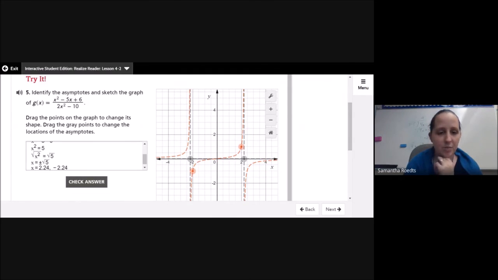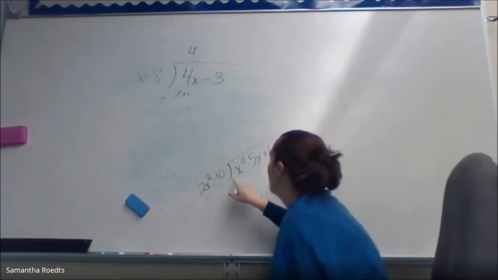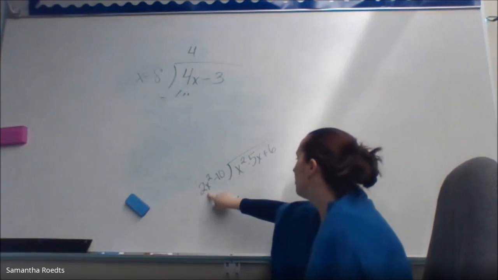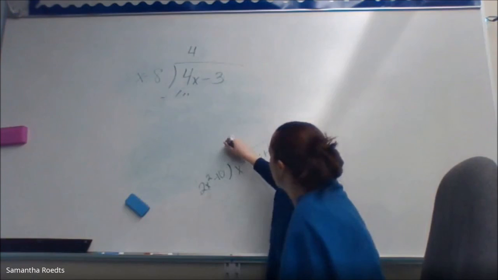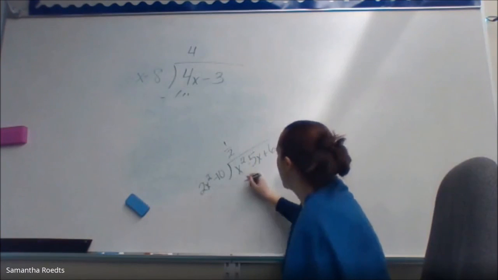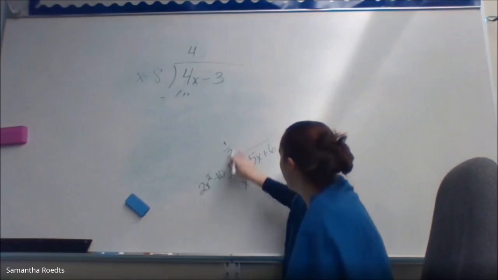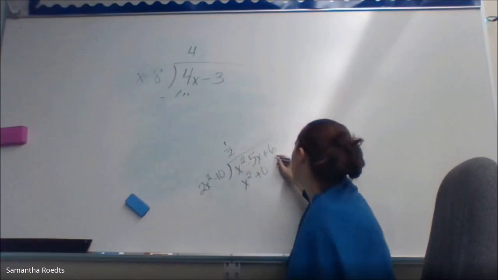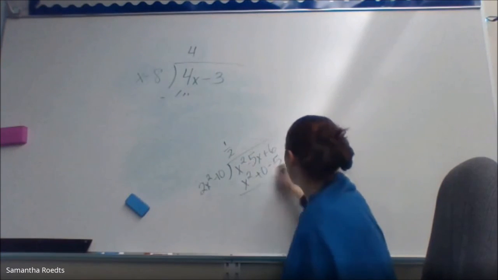Then I have to figure out my horizontal asymptote. There is one because I have x squared minus 5x plus 6 divided by 2x squared minus 10. So what times 1 will give me 2? Well, 1/2 would work. So 1/2 times 2x squared is x squared. 1/2 times 10 is 5, so negative 5.